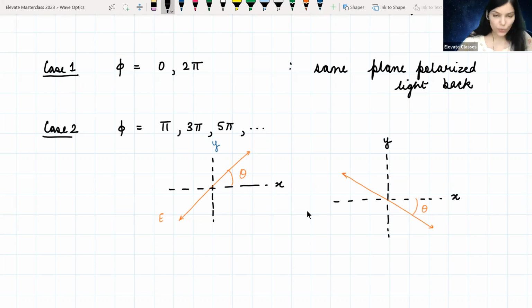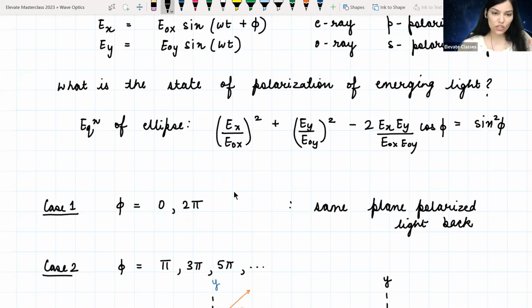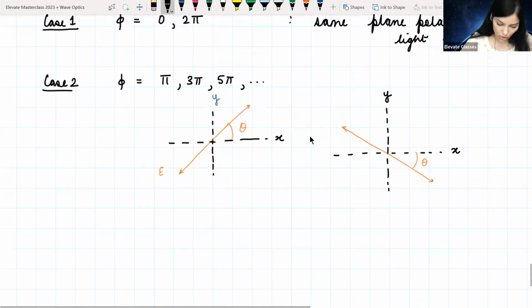So you can try doing this. In the equation we have written, the equation of the ellipse, put the value of phi as pi. So the sine term will become 0, and cosine of phi will become, it will become minus 1, sorry. So this whole equation will become (EX by EOX plus EY by EOY) whole square is equal to 0. Then separate the two terms and you will get an equation of this type.